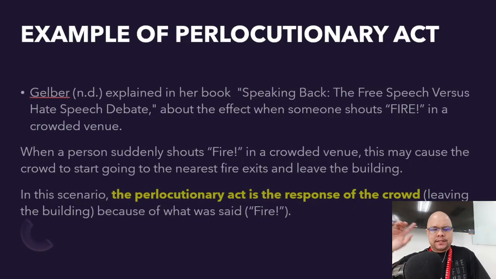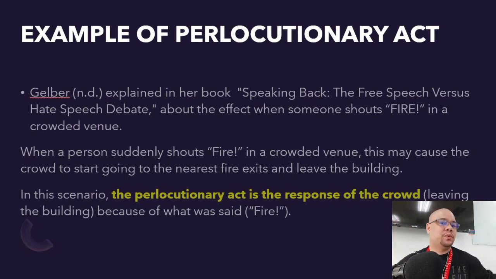So let's look into an example of a perlocutionary act. Gelber explained in her book, entitled Speaking Back: The Free Speech versus Hate Speech Debate, the effects of when someone shouts fire in a crowded venue. Or bomb. Actually, when you say bomb in crowded places, that is already a criminal act.